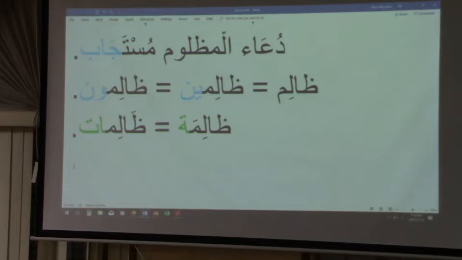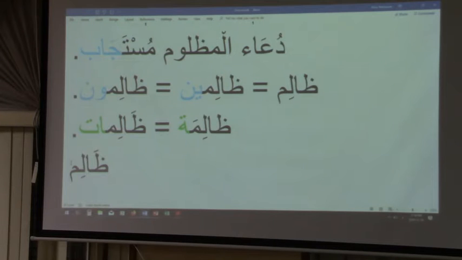Now look at this word. I have zalim, right? Do you remember when we did, let me remind you first, what is the meaning of to create? Khalaqa. Creator? Khaliq. And the one who does it all the time? Khallaq. Good. We have zalim, oppressor.